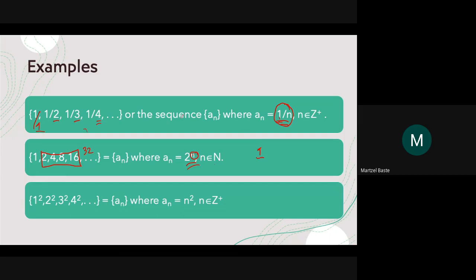Paano naging 1 ang 1? Why is it not 2? Because the constant value is 2, tama? The constant value 2 raised to the power of 1 is 2, and if we start with 2 raised to the power of 0, what is 2 raised to the power of 0?